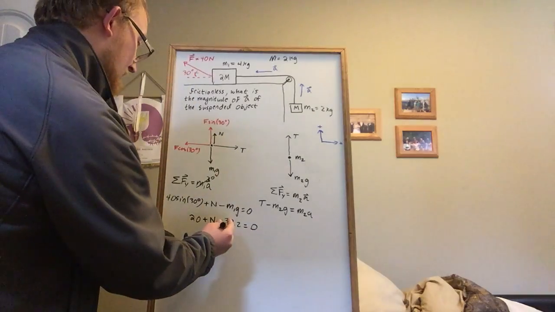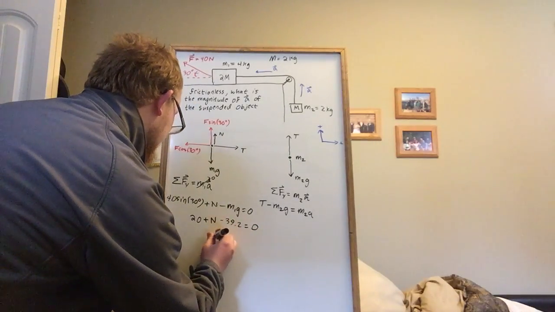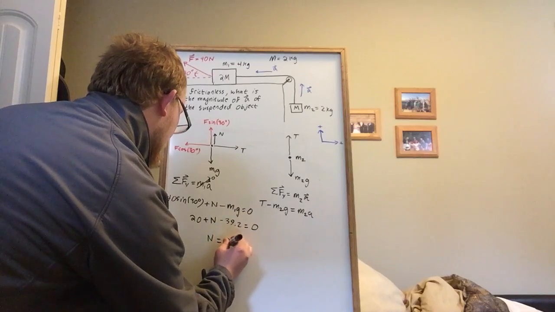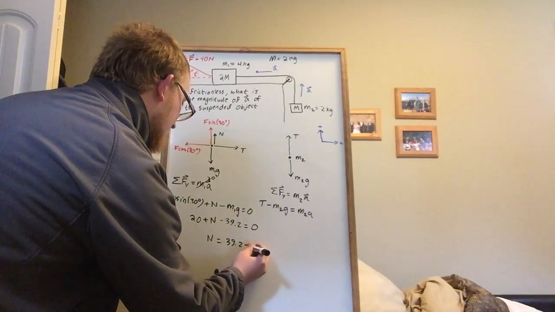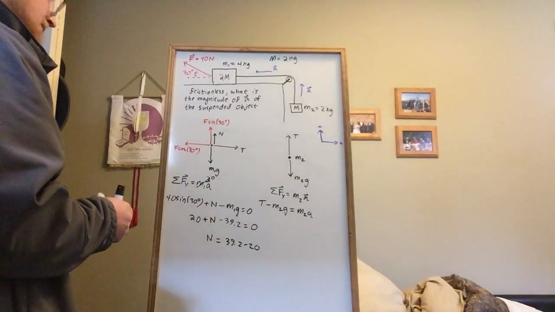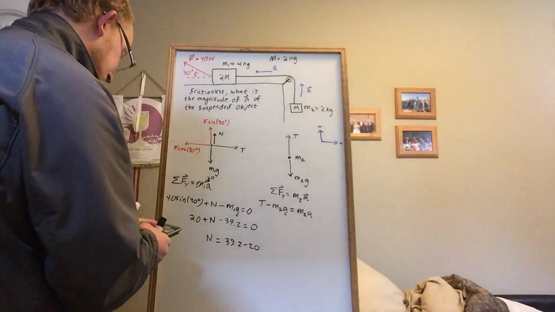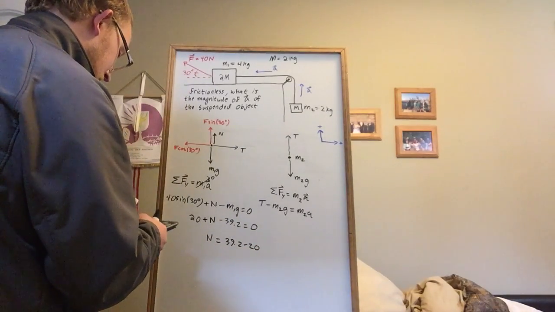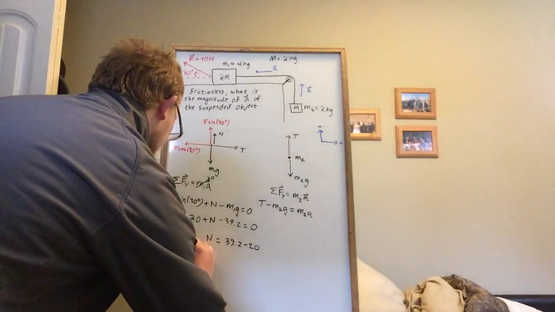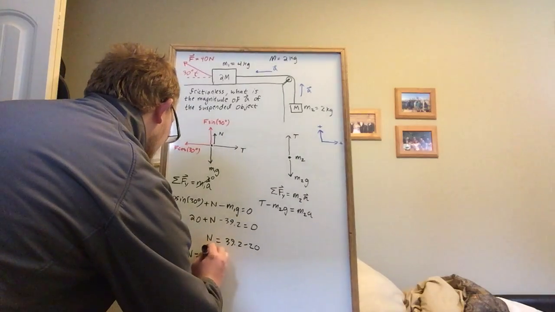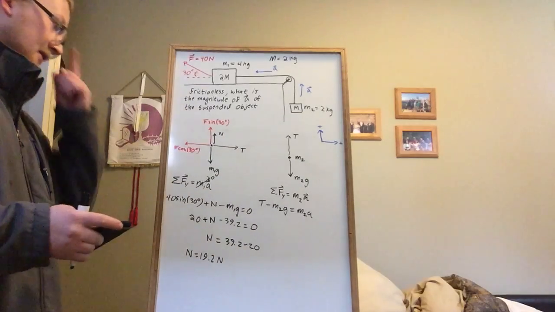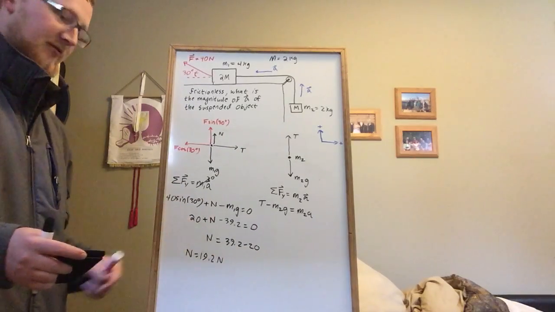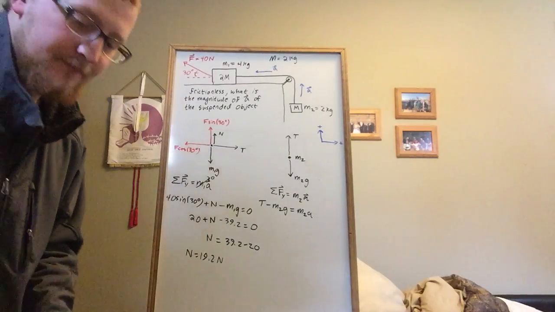To solve for the normal force, we'll add the 39.2 over and then subtract the 20 over. That's going to give us a normal force of 19.2 newtons. Alright, so that's about all we can learn from the sum of forces in the y.